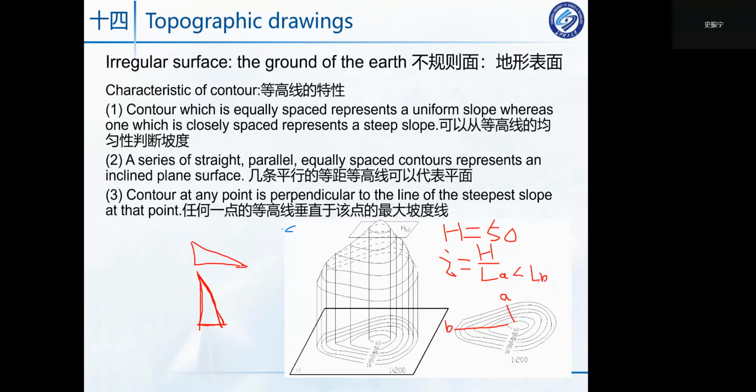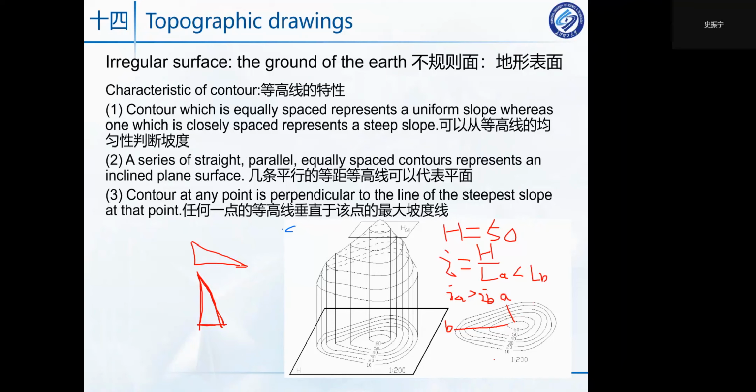So iA is bigger than iB. So the line A is much more steep, and B is more gentle than A.